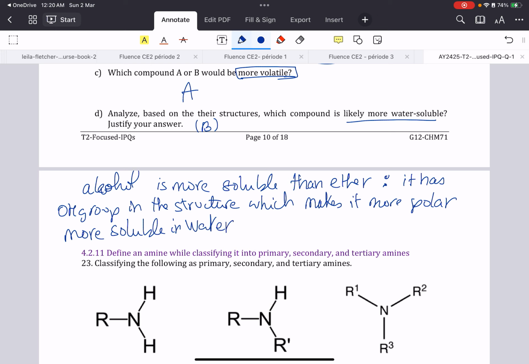since water is also polar, and the ability to make hydrogen bonds allows it to be also more soluble in water.